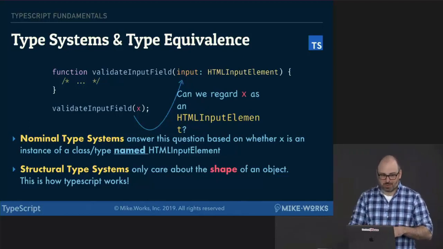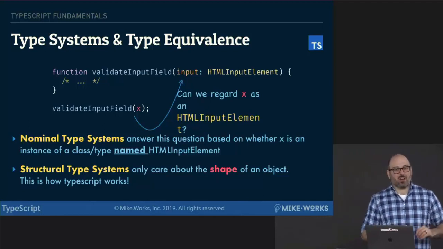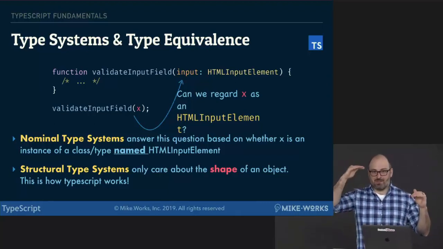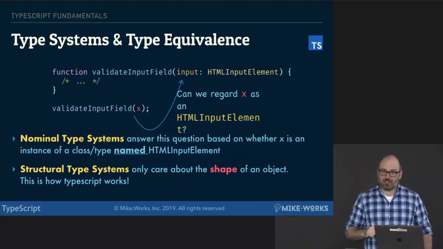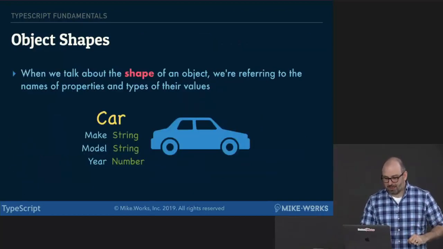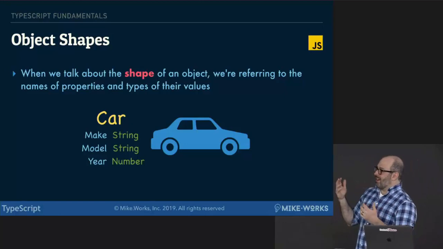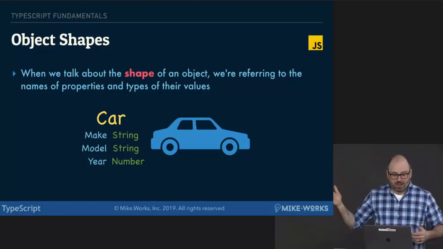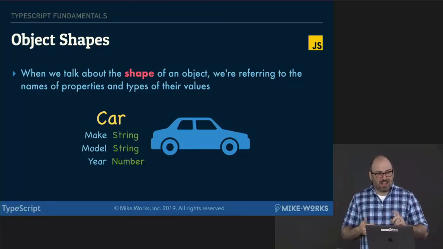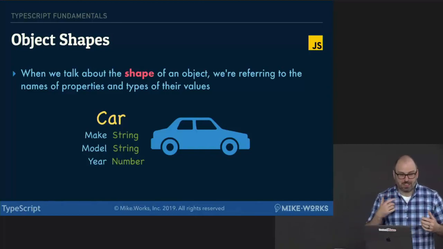TypeScript is a structural type system. They only care about the shape of an object, which is property names and types that are allowed for those properties, right? So it only cares about the structure of an object. So if we had a data structure for a car, we could call it car, but really all we care about is the fact that it has properties called make, model, and year that are of the appropriate types.